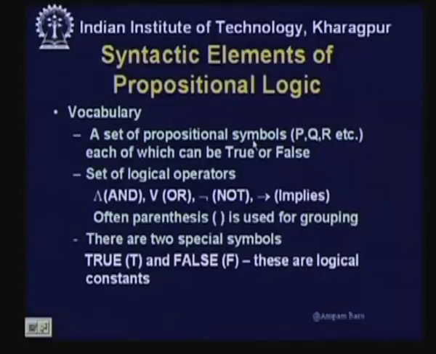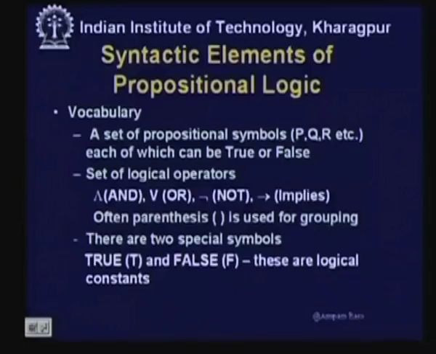Whether Anil is intelligent, Anil is hardworking, Geeta is beautiful, Sita is smart, all these propositions we can symbolically represent as, for example, P, Q, R, etc. These are a set of propositional symbols. As we have said, any proposition can be either true or false. So each of these P, Q or R can be true or false.